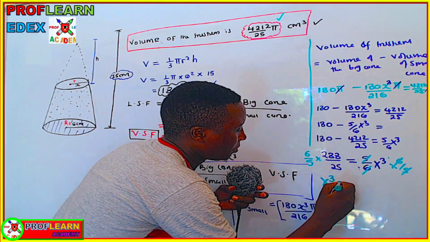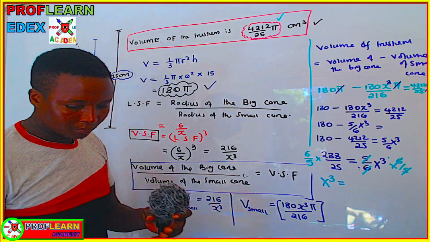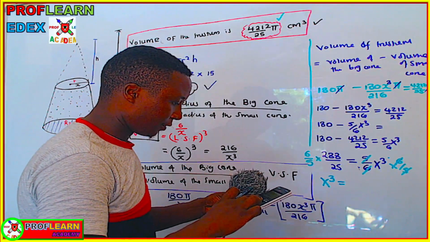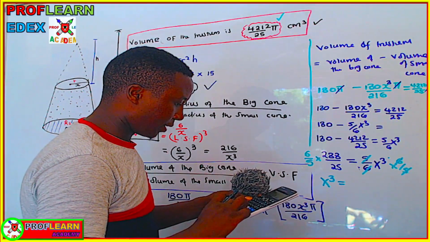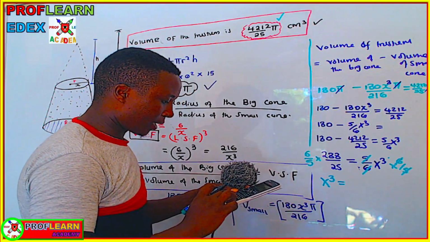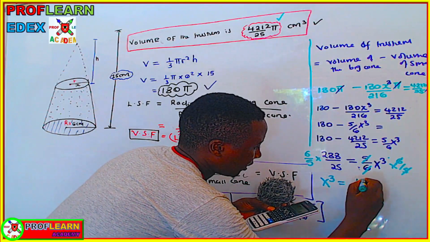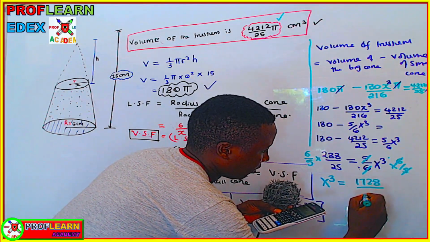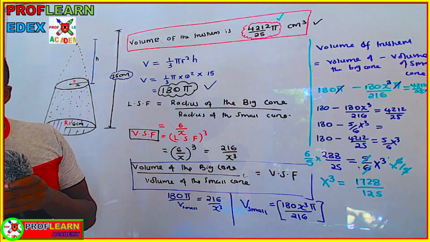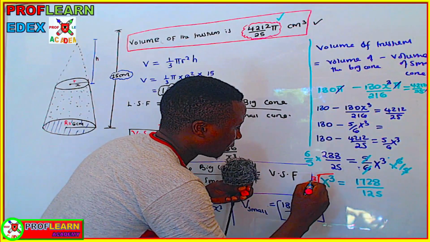Our x cubed is going to remain as 6 over 5 times 288 over 25. If we work that out, we get our answer as 1728 over 125. Remember, we are trying to find the value of x, so we take the cube root both sides.